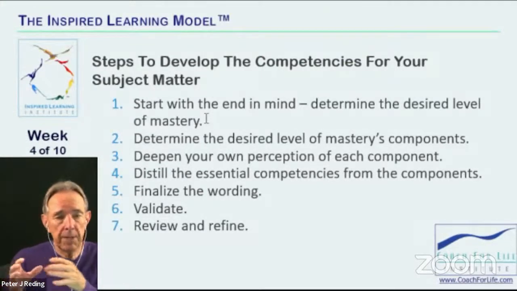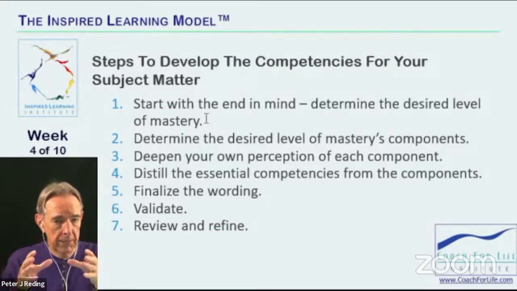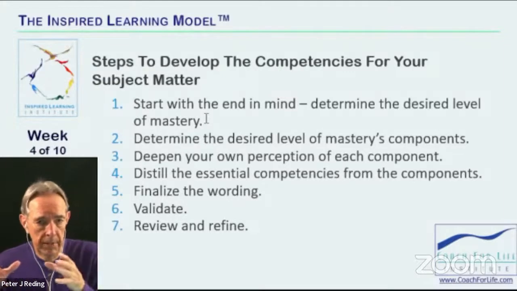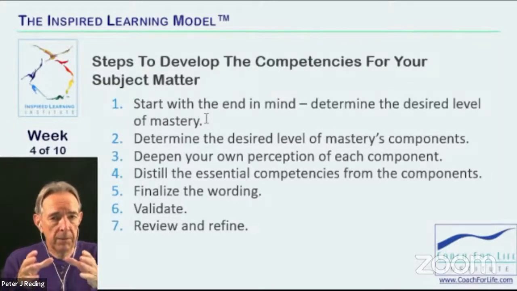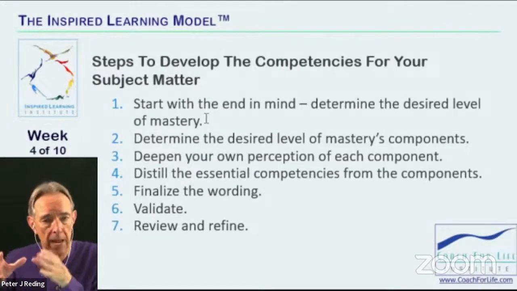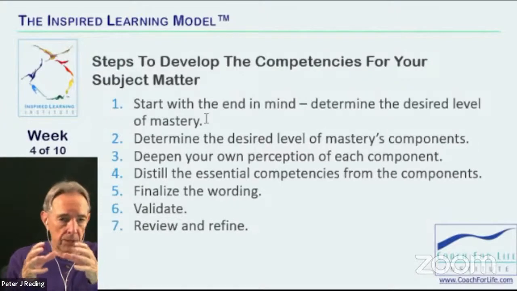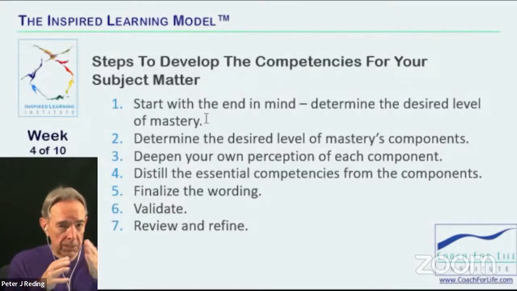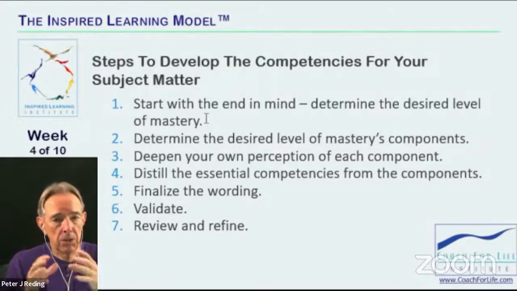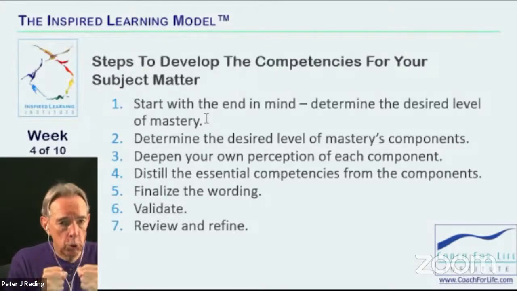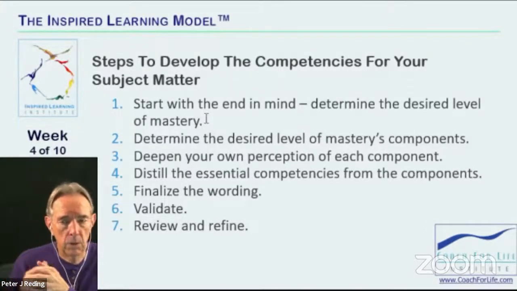Now, for some, that's going to take them 15, maybe 20 years to perfect an operation, or it may take them a year and a half to make sure that they do the lab work exactly according to how they're supposed to do it. And it's going to take time for them because it's 45 steps and they have to do them all in sequence, and they have to know exactly what they're doing, and so on and so forth. So what do they need to be able to do to perform that particular piece of work?